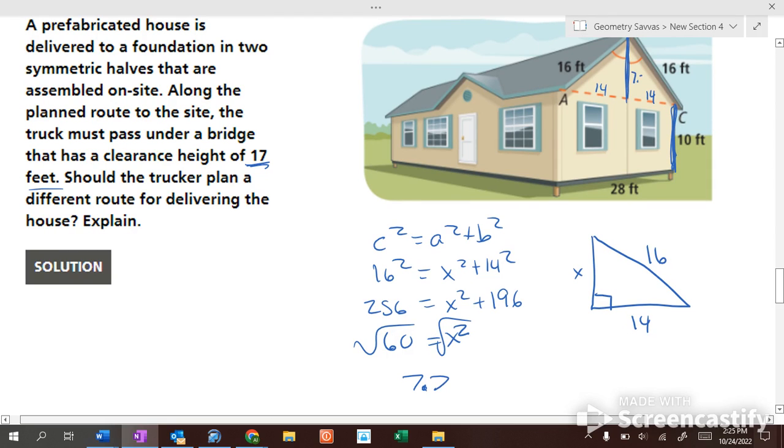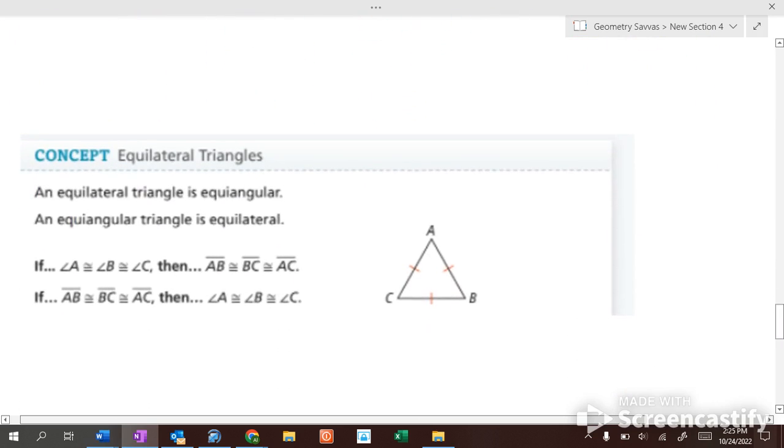So this is 7.7. This is 10. What's 10 plus 7.7? 17.7 feet. Should the trucker take a different way? Yeah, because he's going to bang the top of that house. There's going to be a major accident at that bridge if he tries to go under that 17-foot bridge.